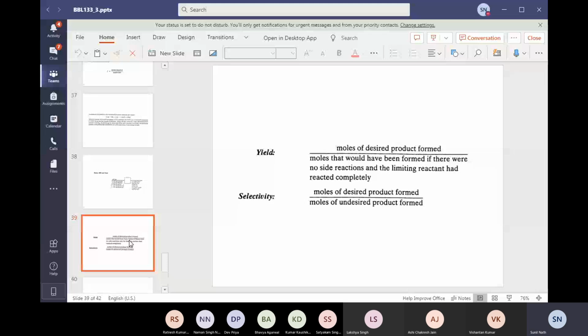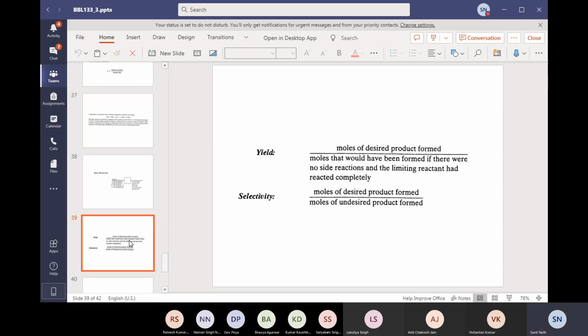The other looks at economics, meaning how much limiting reactant you fed, fresh feed. And the reaction engineers say, I'm not interested in economics. I'm more worried about what the reactant gets as input. So they say how much limiting reactant is consumed.